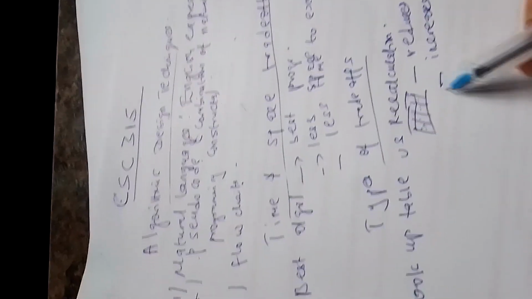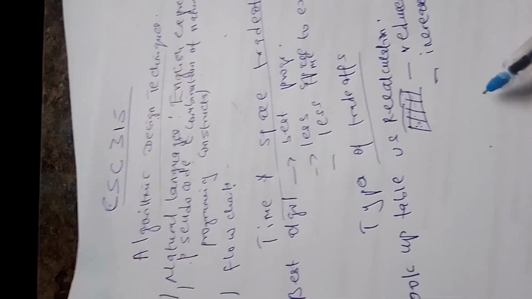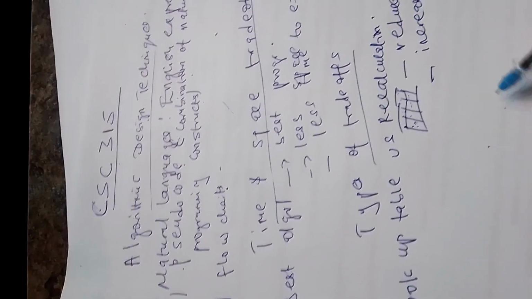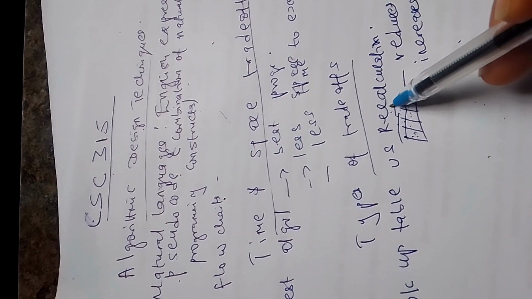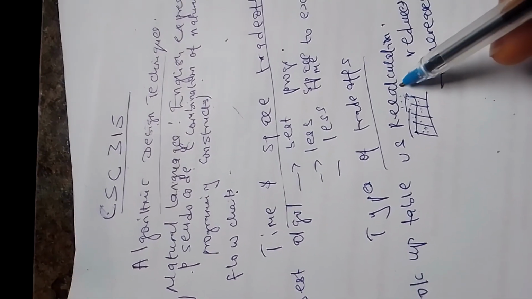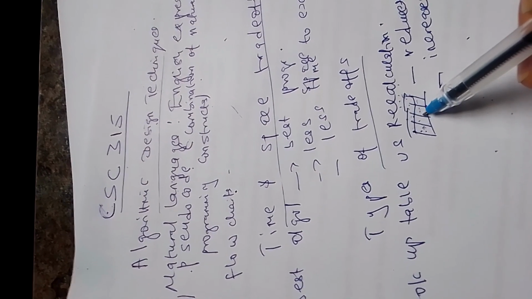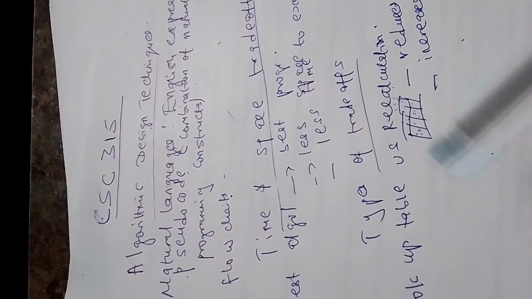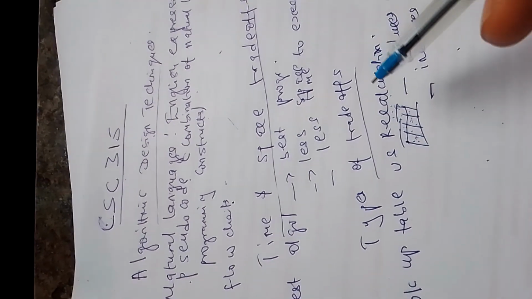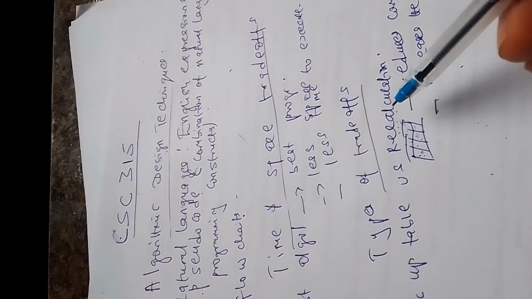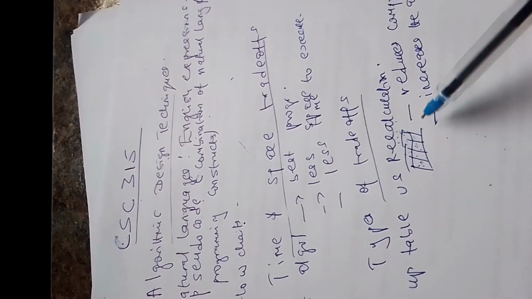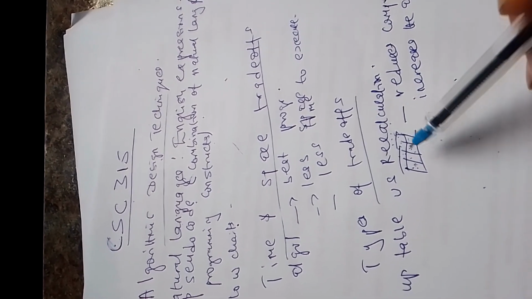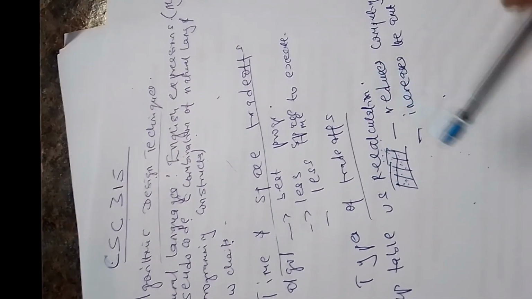If it is in table format, it occupies more space, but the computing time is less because it does not need to calculate and recalculate. It has been calculated already. But if we are calculating it at the same time, the space will be reduced, but the computing time will increase. We call it lookup table versus recalculation.